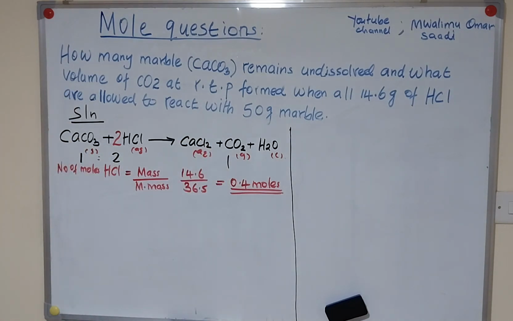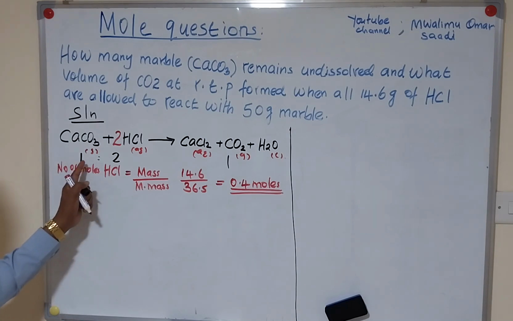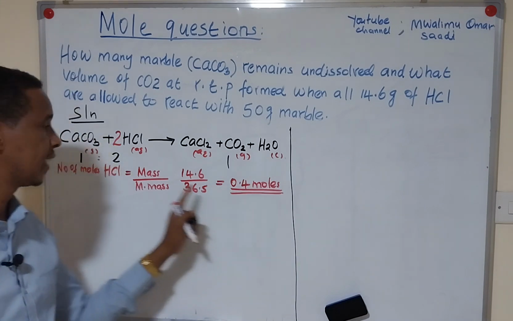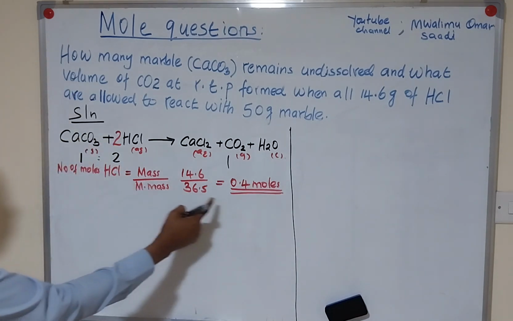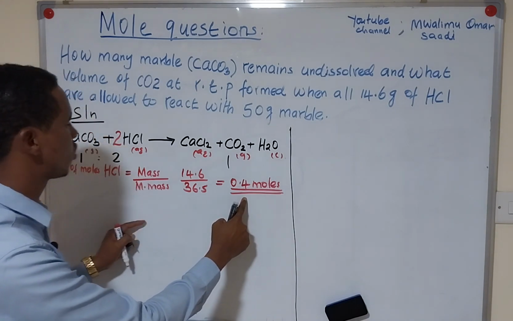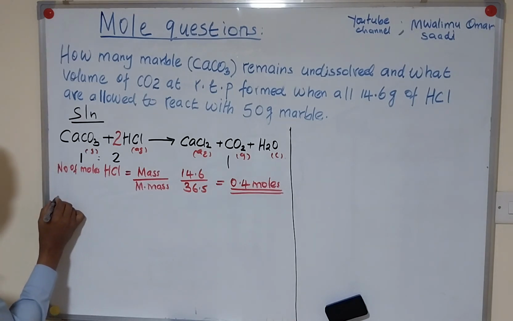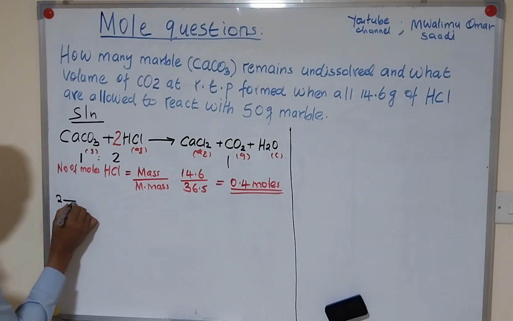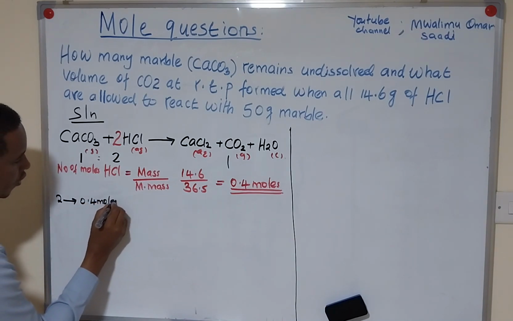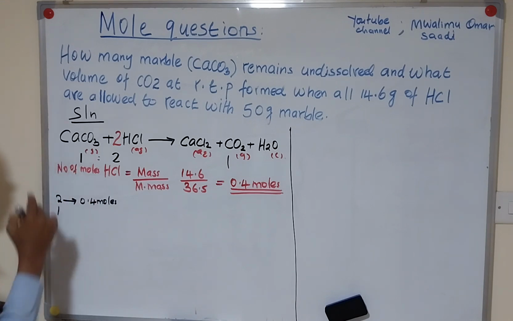Since the number of moles of hydrochloric acid is 0.4 moles, if 2 is equal to 0.4 moles, what about 1?